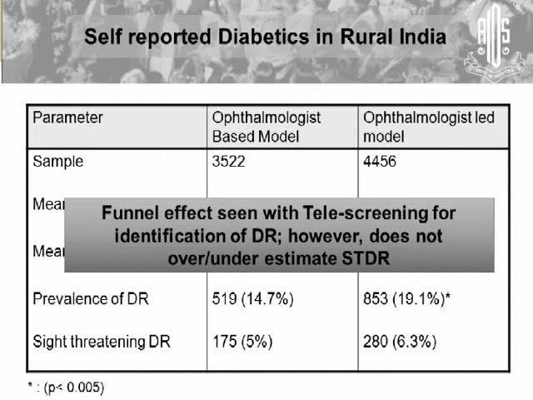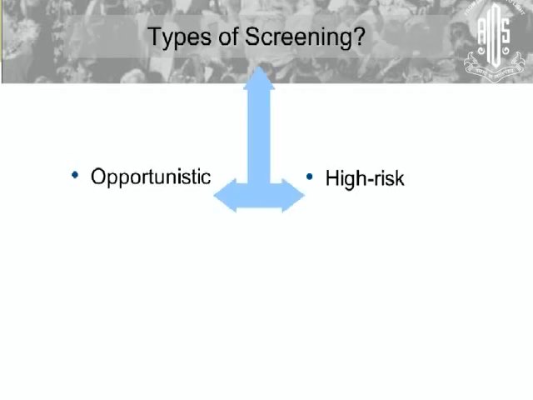So we do see that telescreening gives a little bit of what we see in ROP, the funnel effect. However, it doesn't overestimate or underestimate sight-threatening diabetic retinopathy. So we may say a person who has no diabetic retinopathy may be having early stages of retinopathy, but a person who has sight-threatening retinopathy will not be overestimated with telescreening.